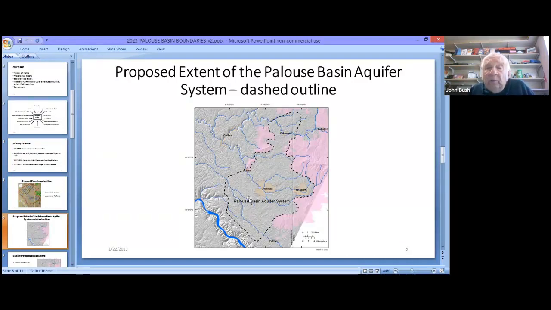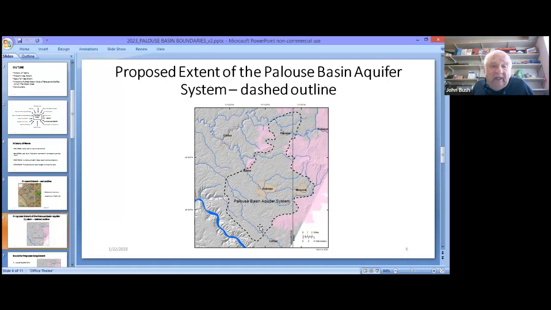One of the adjustments we made was that the Potlatch area is not included in the Palouse Basin. Down here to the southeast, as you head up the drainage of the Union Flat Creek towards Genesee, Idaho, we drew a line across there, primarily because of a lack of data, because we didn't have any lower aquifer wells east of that line.